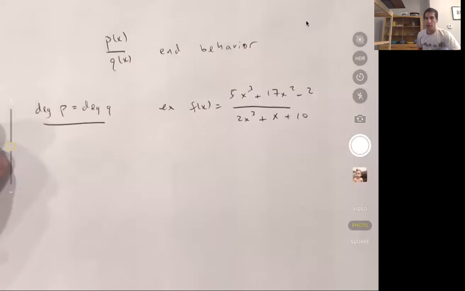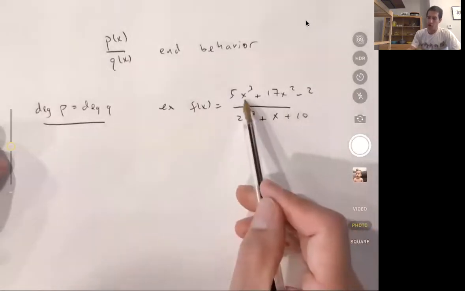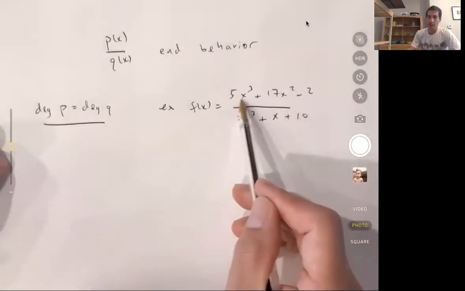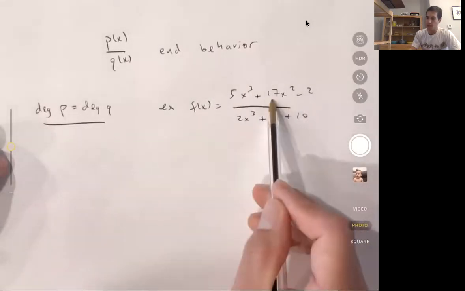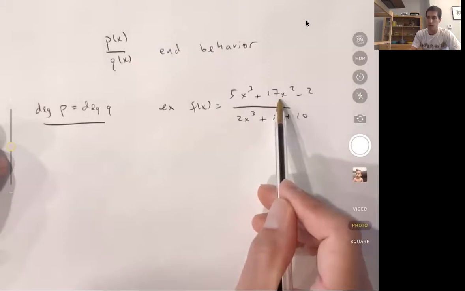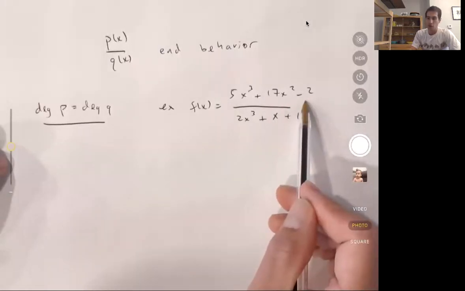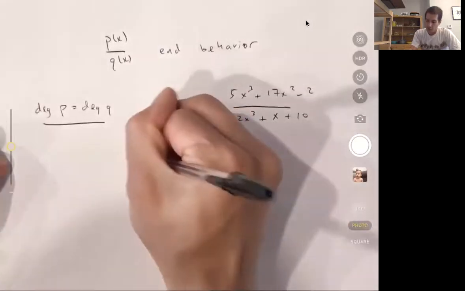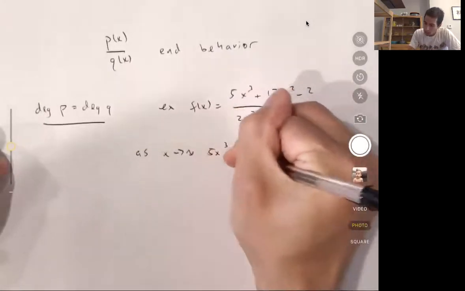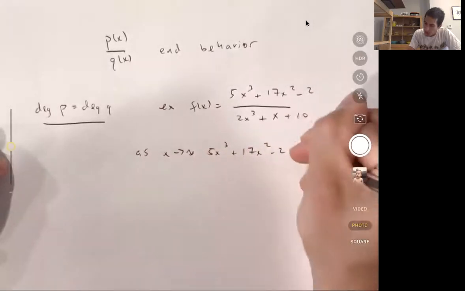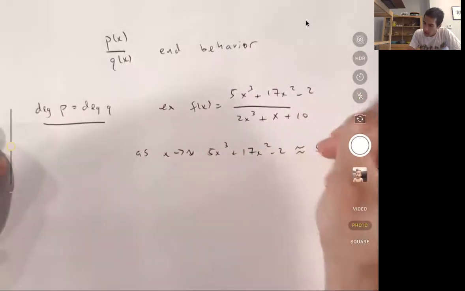Now, from the previous video, the growth rate video, we know that as x is going to infinity, this 5x cubed is much bigger than 17x squared and much bigger than -2. So as x goes to infinity, 5x cubed plus 17x squared minus 2 is dominated by 5x cubed.